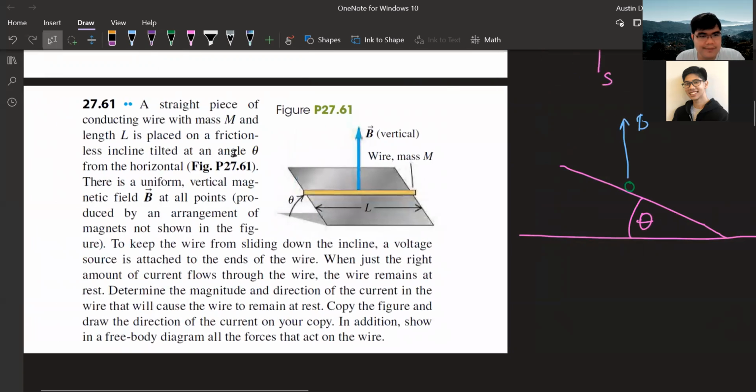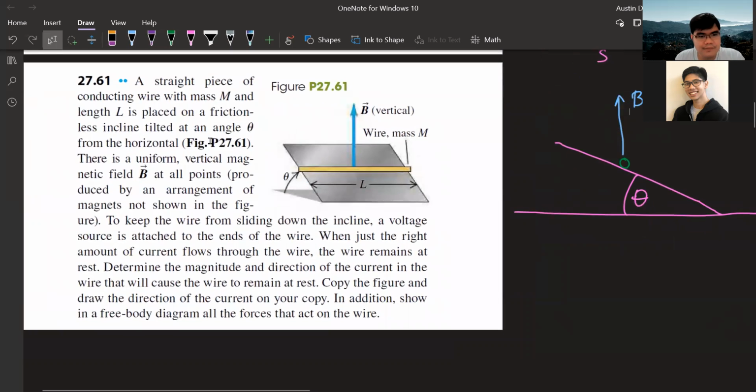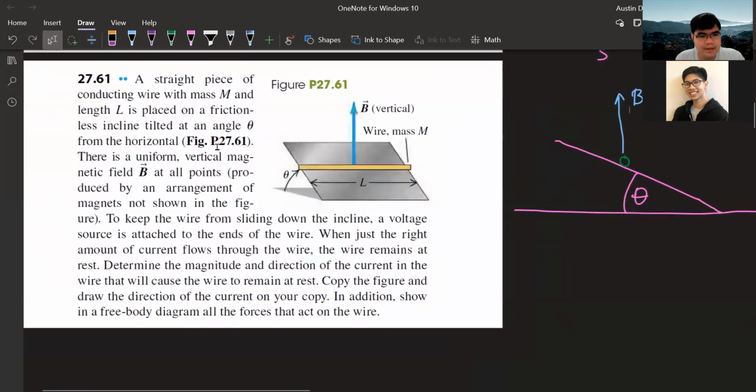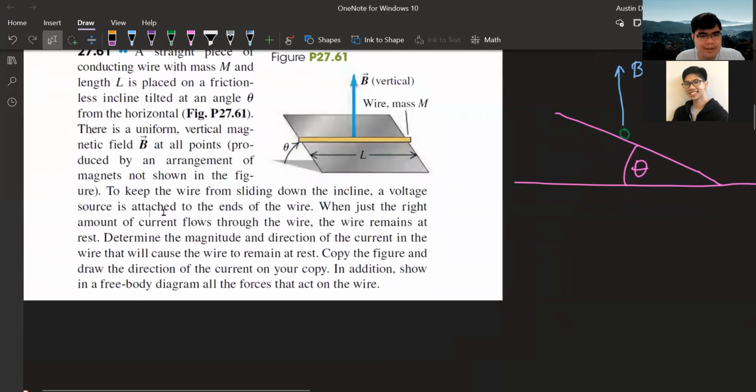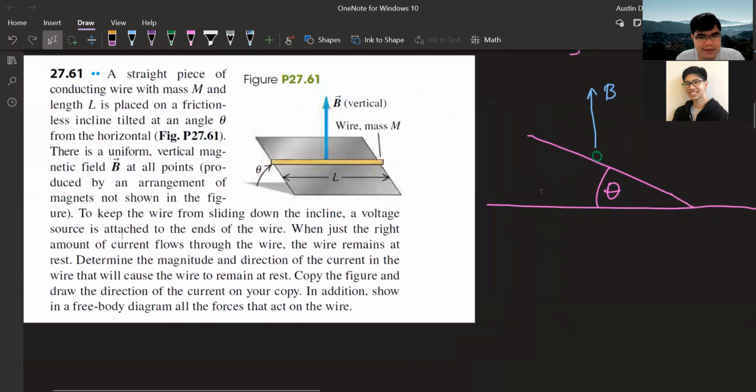And then, pwede tayo mag-supply ng voltage, pag-supply ng current dito sa wire natin to make it not fall sa inclined plane natin.